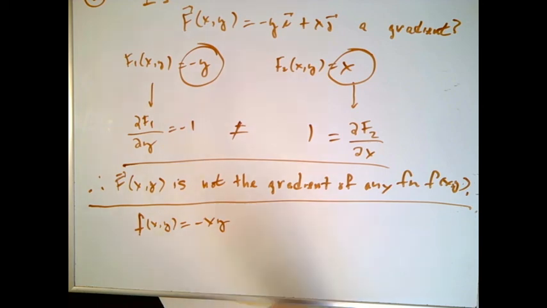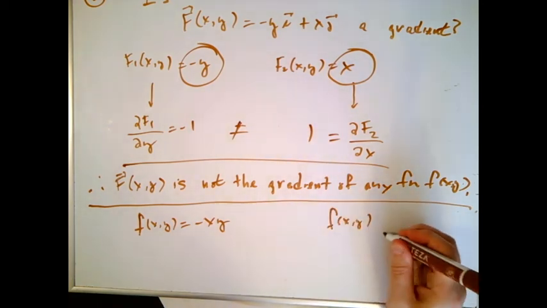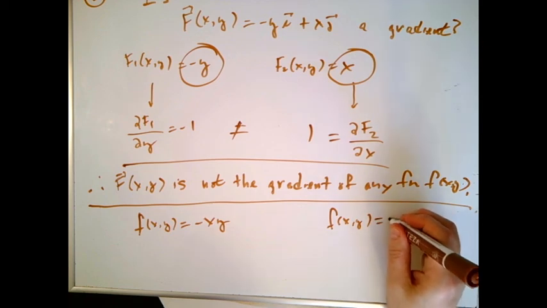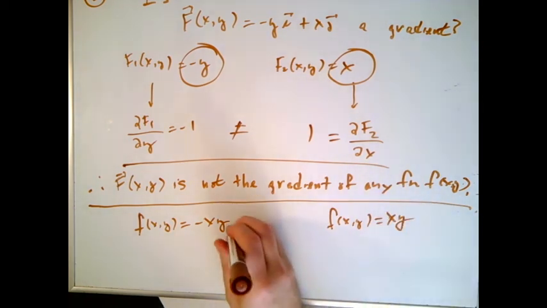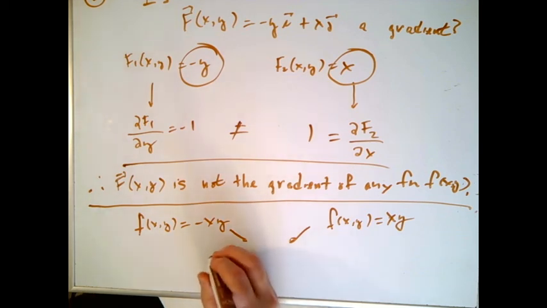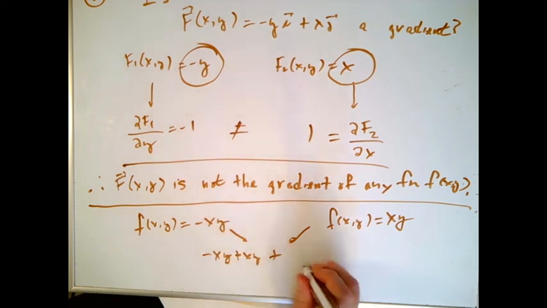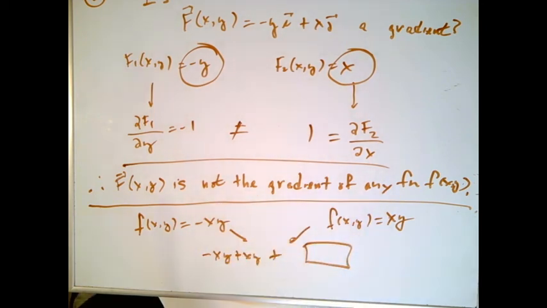I take the antiderivative of that with respect to y, and I get f of xy equals xy. Now, how am I supposed to combine those two things together, right? If it has to have a minus xy plus y stuff, and it has to have an f of xy equals xy plus x stuff, it would have to have minus xy plus xy plus other stuff that all goes away when we take the derivatives. Well, that would say basically that the only thing we can have is 0.